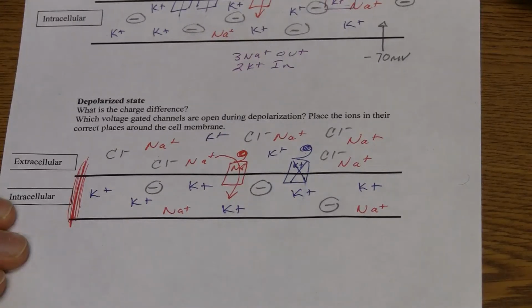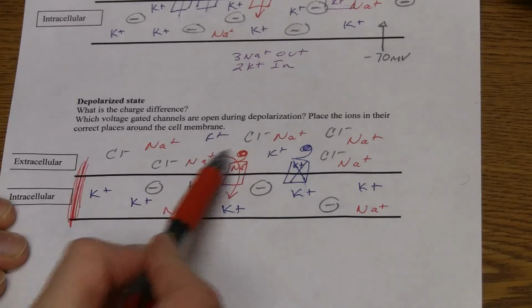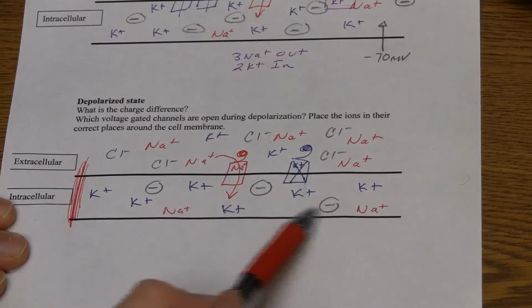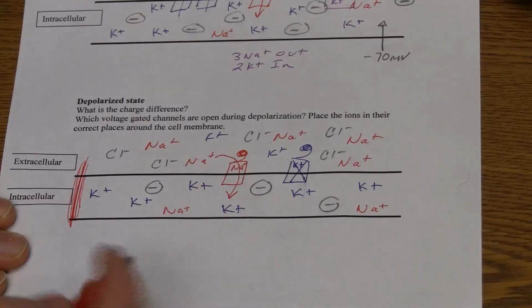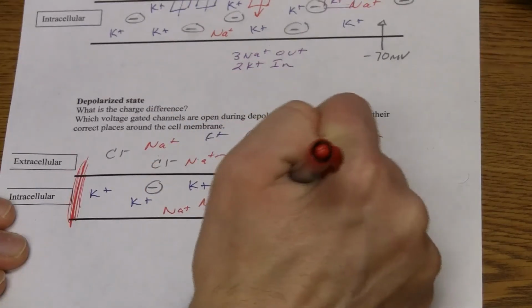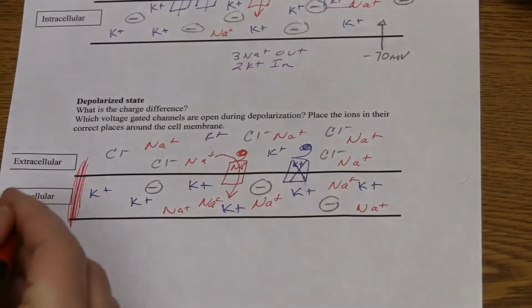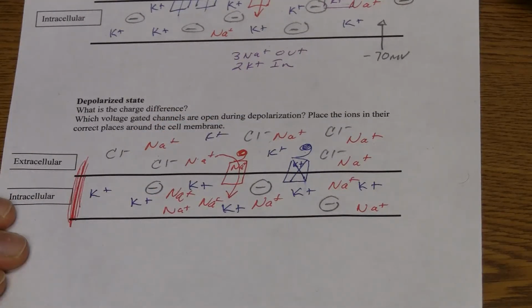And when I say rush in, we have a lot coming in, and the reason for that is because we have so much sodium out here where we have very little in here, and so it's a natural response for it to rush in. And remember that it will stop rushing in when both sides are equal. So if I put a bunch of sodium in here, that's because the sodium has rushed in and because the voltage gated channels have opened.